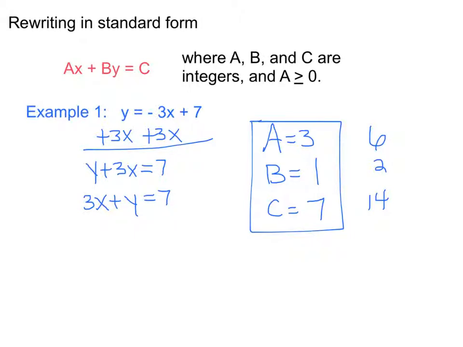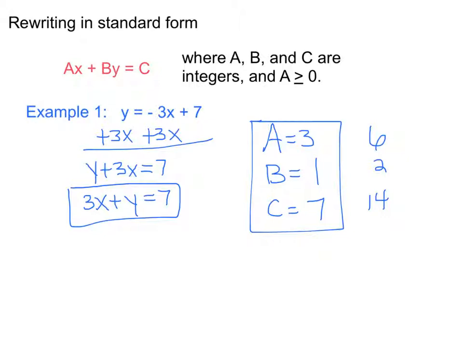So that is standard form for this equation. These two equations are the exact same thing. This is just a different form of the equation because we didn't change anything about the equation, we just moved stuff around.